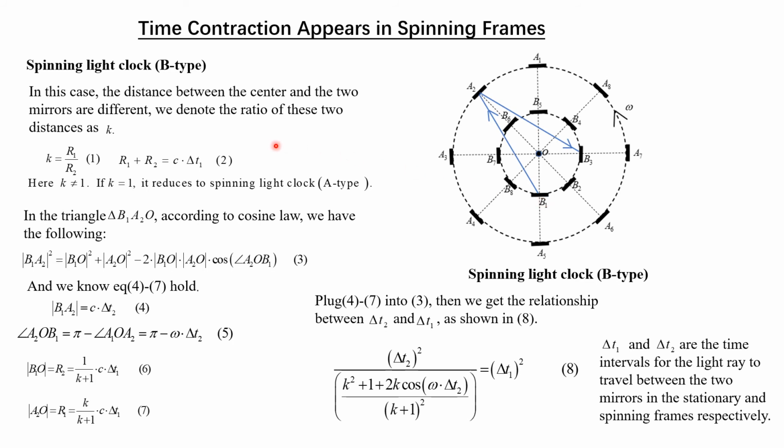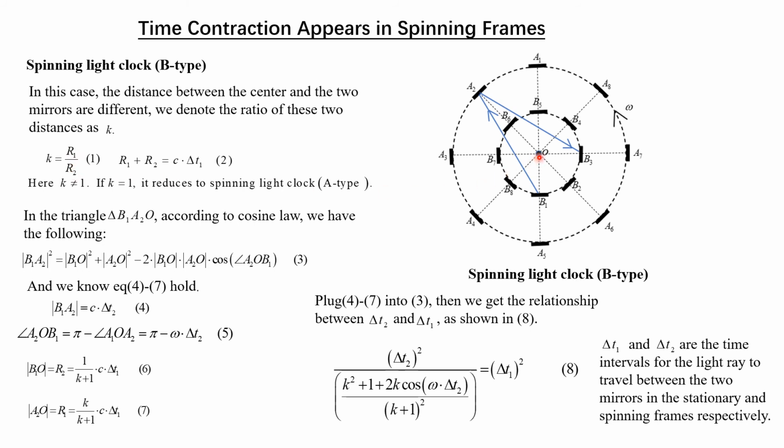And now we do it algebraically. In this case, the distances between the center and the two mirrors are not the same, they are different. We denote the ratio of these two distances as k. K is equal to R1 over R2.